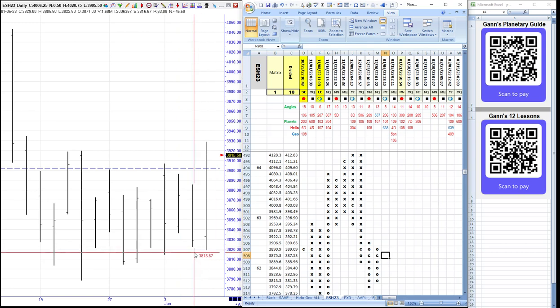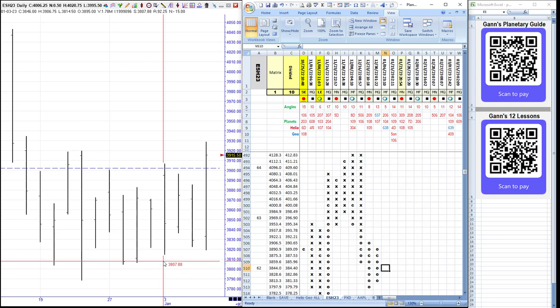December 30th. So January 3rd, the beginning of the year, was the low. 38.14.